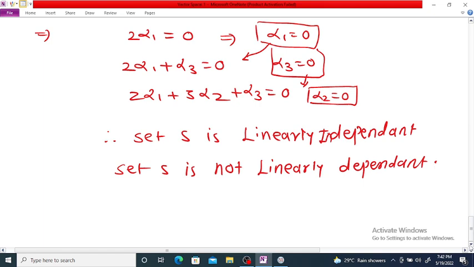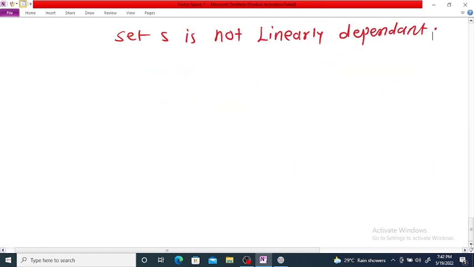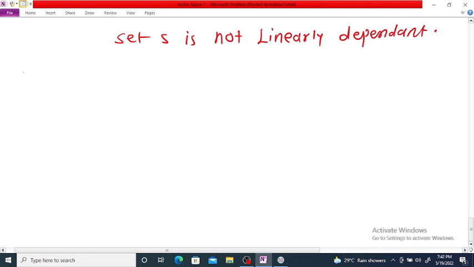So now the next example, example number 4.